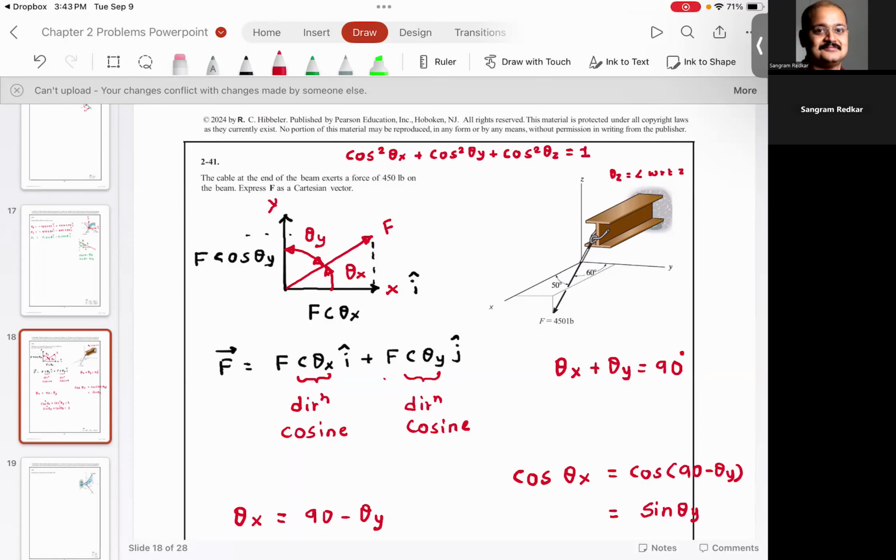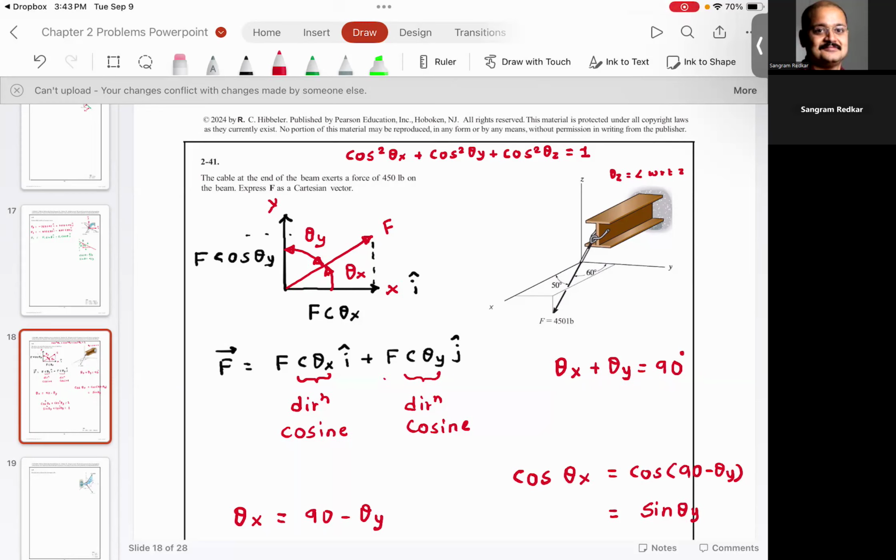Do you agree with me? Are you with me so far? And why is it? Because the direction cosine relationship will always be valid. In a triad, the cosine squares of the angles made by the vector with respect to the coordinate frame, once we square and sum them, have to always be 1.